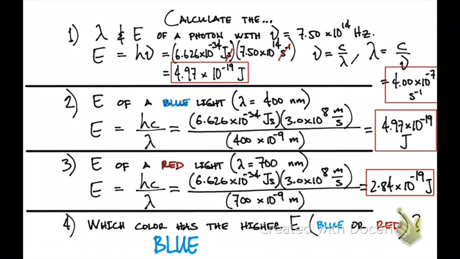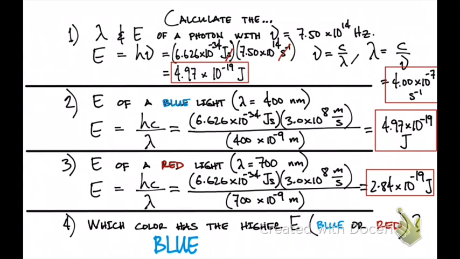So when you look at the colors of the rainbow, you have red, orange, yellow, green, blue, violet, right? So Roy G. Biv. Violet is closer to the ultraviolet region of the spectrum, and it has higher energy because it can damage your skin, right?